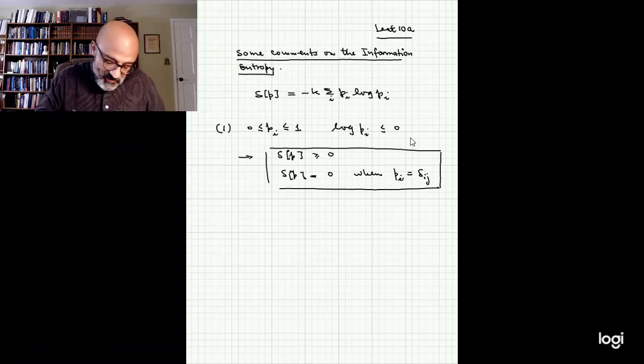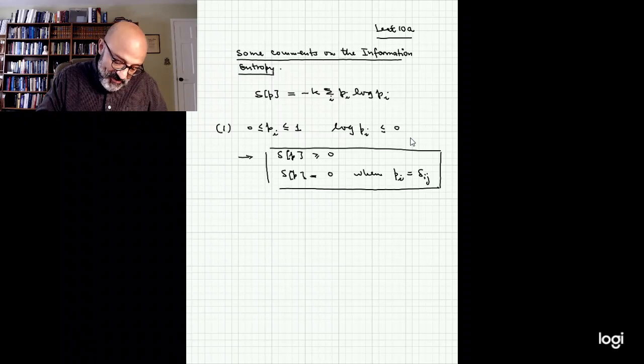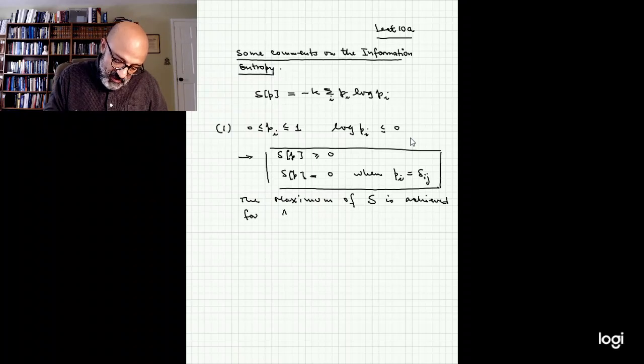It's also possible to check, and we'll do it in a little while, that the maximum of S is achieved for the uniform distribution.